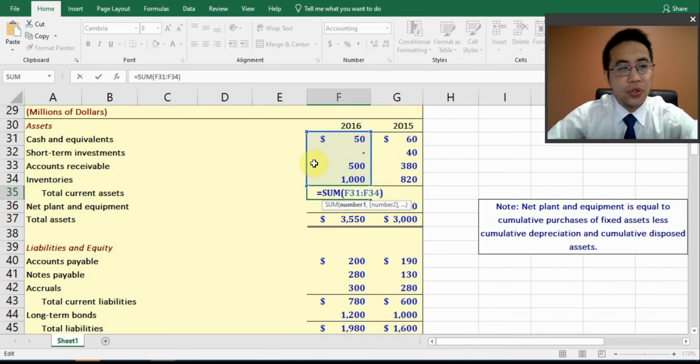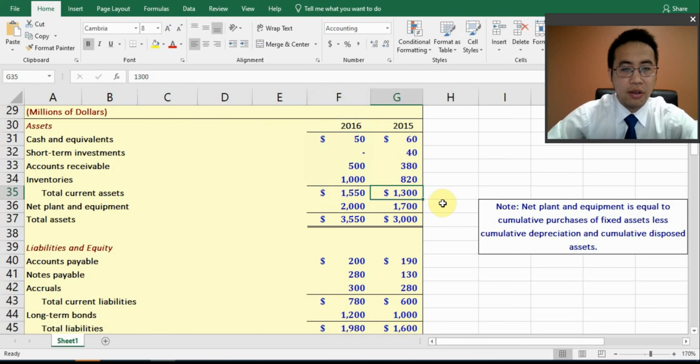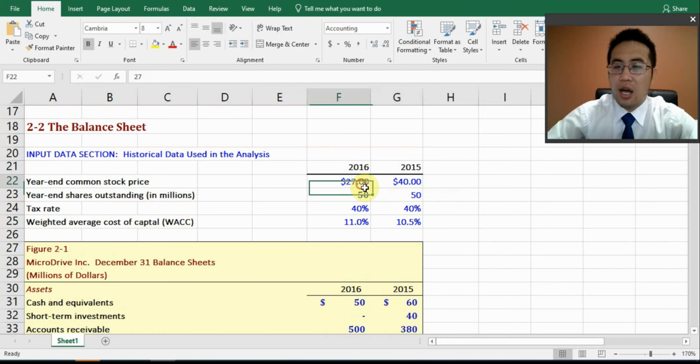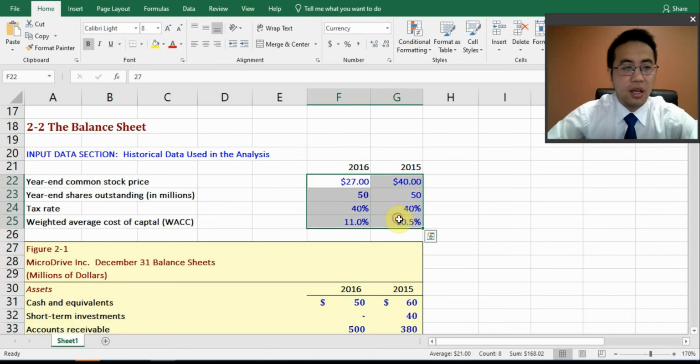And not only do you need to do this for this particular cell, but also for all the other cells wherever possible. Of course, some cells we're gonna leave as they are. For example, all of these numbers are given information and we cannot do much about it.